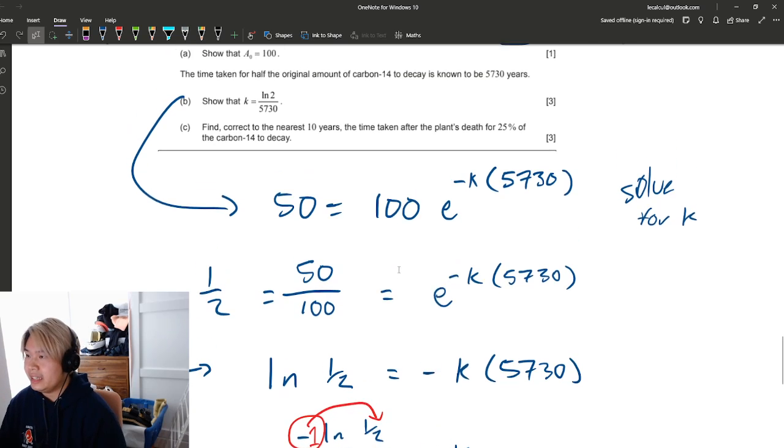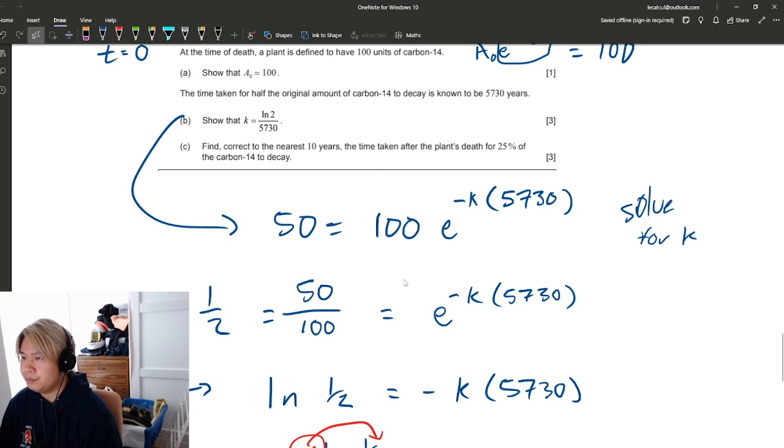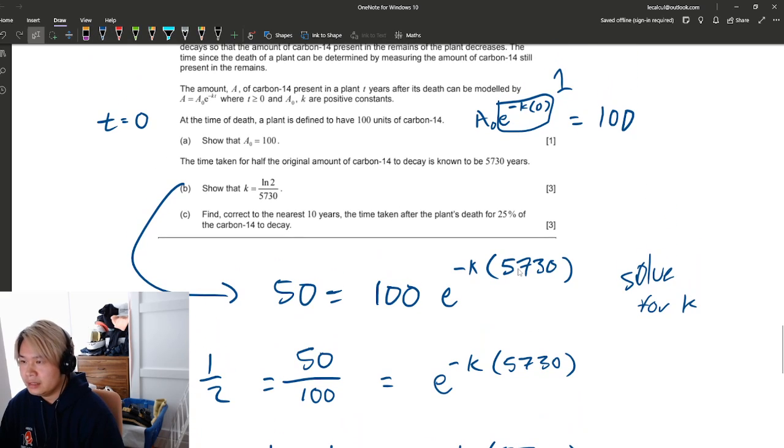Okay. Again, the other way you do this is if you were to assume that k is this value. I don't know where to write this. Here. So we plug in this value for k.